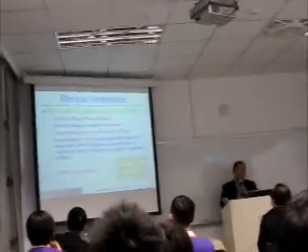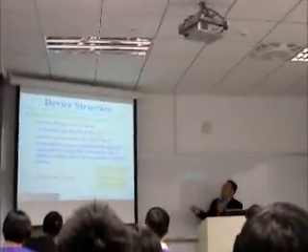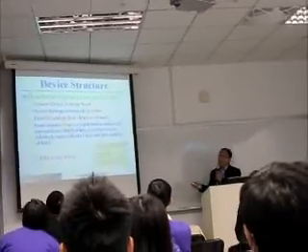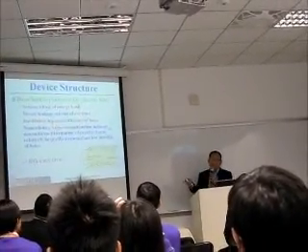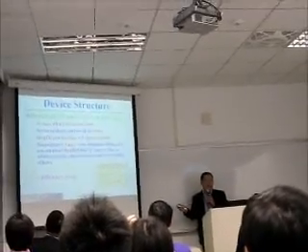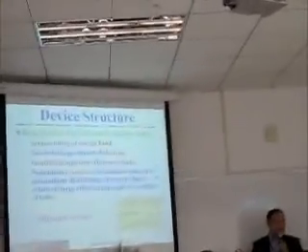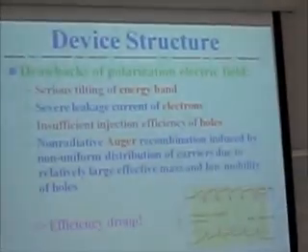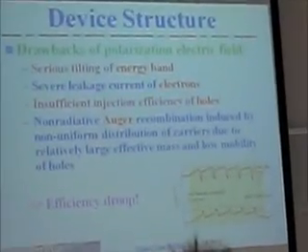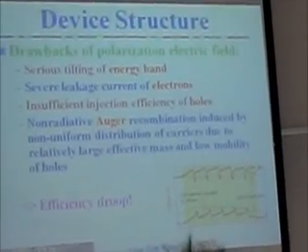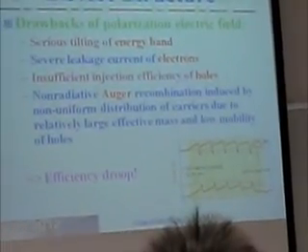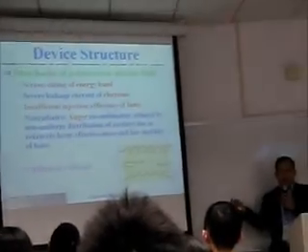As a result, we conclude that the drawbacks of the polarization effect electric field may include at least four parts. The first part is serious tilting of the energy band diagram. The second one is severe leakage current of electrons. And the third part is that hole injection efficiency is not satisfactory, so we want to improve the efficiency of holes.